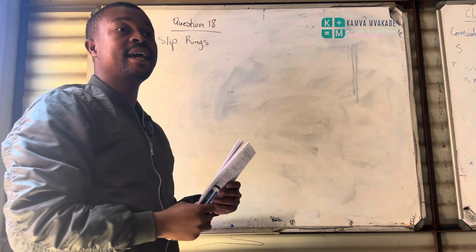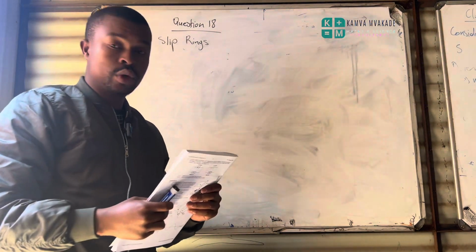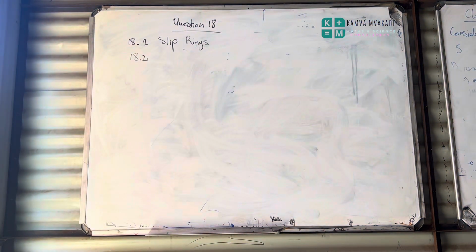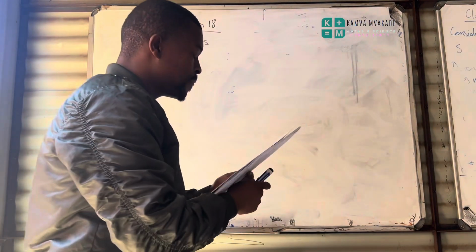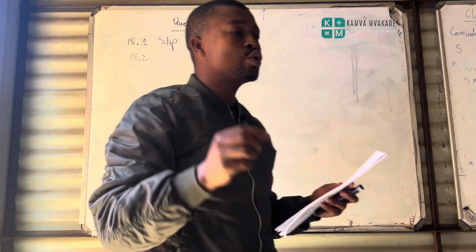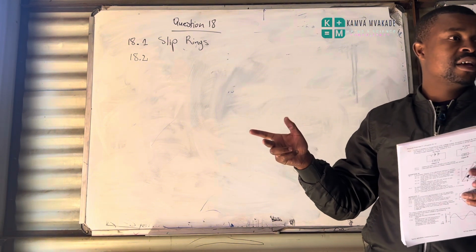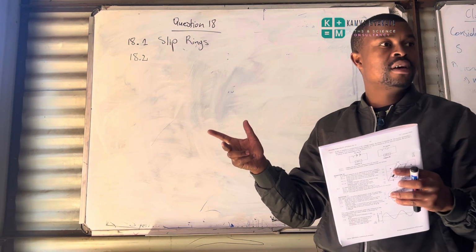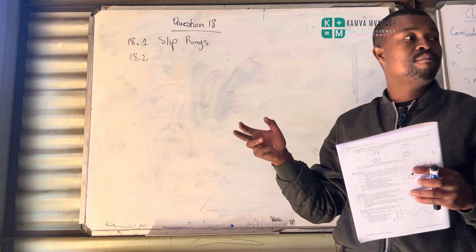Generator, right hand. Now we have our generator there, right hand rule. This is the FBI: force, B field, and I current.